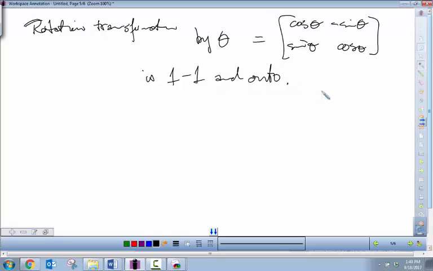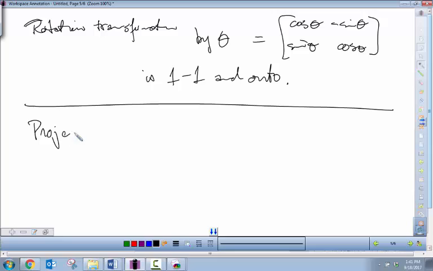So it's a rotation matrix, it rotates everything, and you can see that it's one-to-one and onto, right? Projection is something we've talked about already, whether it's projecting onto a line or onto one of the axes. Let's project onto an axis.